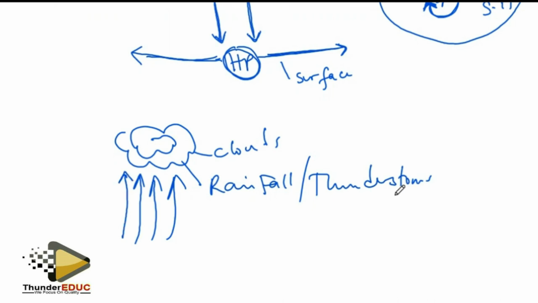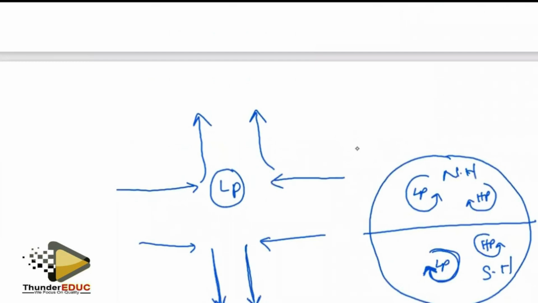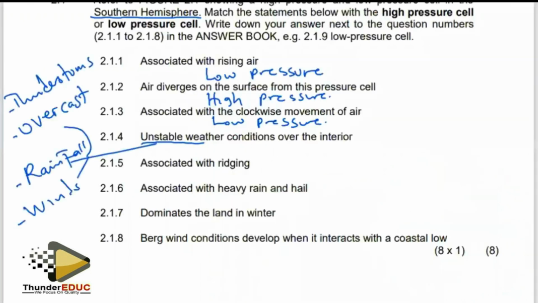We did indicate up here that in low pressure cells, air rises. When it rises, there will be formation of overcast clouds and there will be rainfall. So, unstable conditions are associated with low pressure cells.